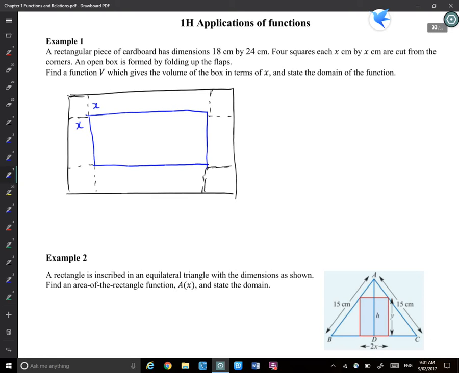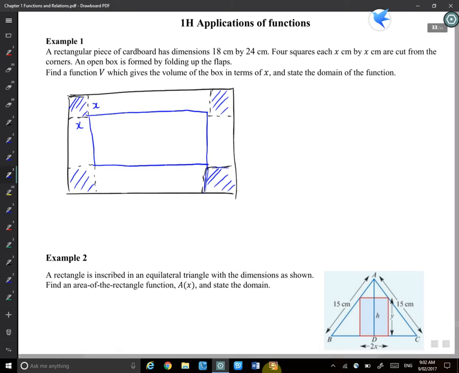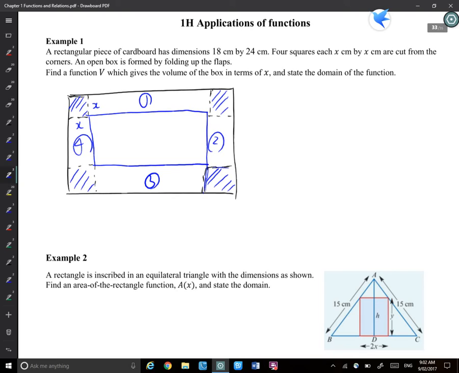Can you think about that? All these squares are just gone. We don't have those squares anymore. And what we are left with is the 4 sides, number 1, number 2, number 3, and number 4. We fold them up, and we have a height of x, and what has been left as this blue rectangle is the base of this box. Okay, the more x you cut, the less of your base is left.